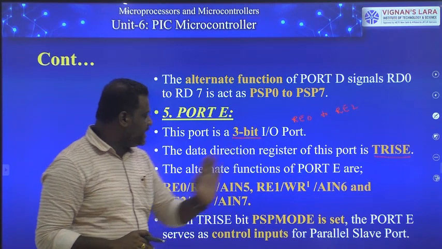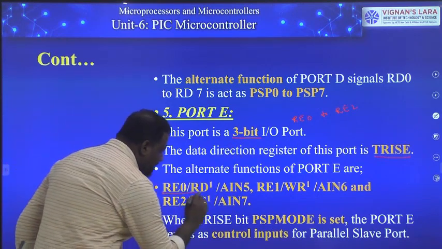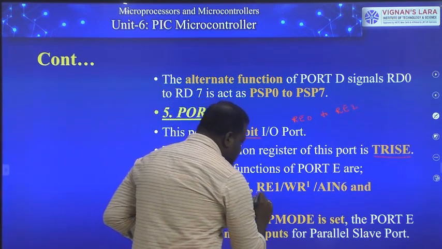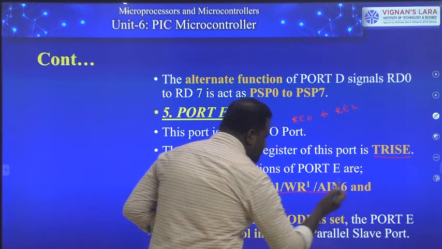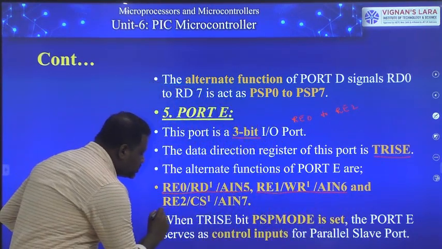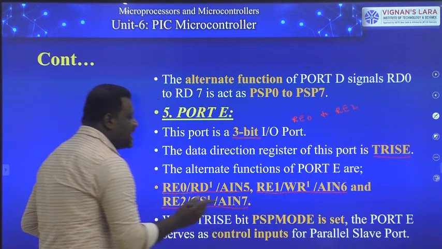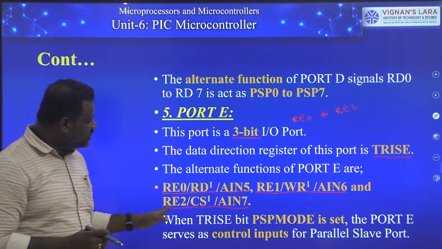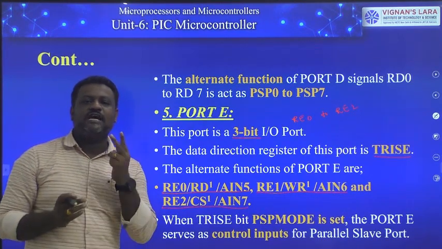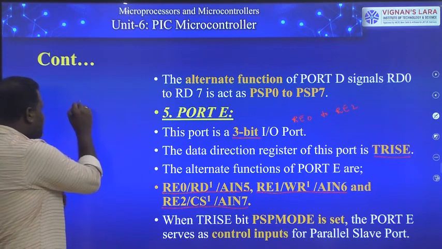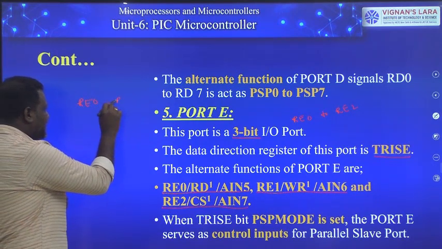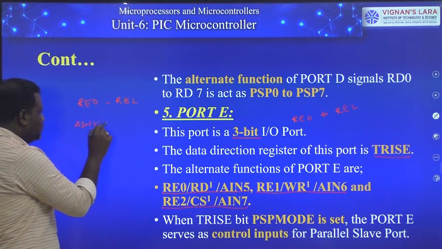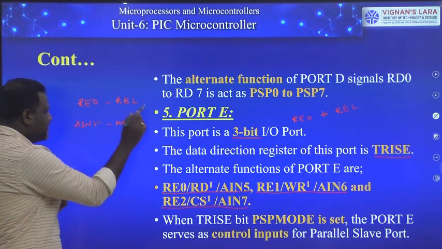The alternate functions of port E are RE0/RD bar/AN5, RE1/WR bar/AN6, and RE2/CS bar/AN7. So these three signals, RE0 to RE2, have a dual function. They act as AN5 to AN7.